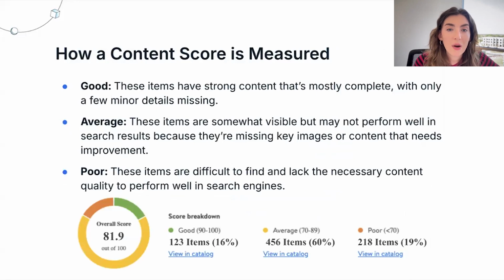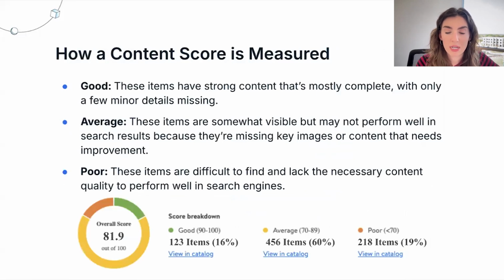And then here's how your content score is measured. There's good, there's average, and there's poor. There are 3 buckets, and then they aggregate those into one score. So for this example, supplier A has 123 good items.